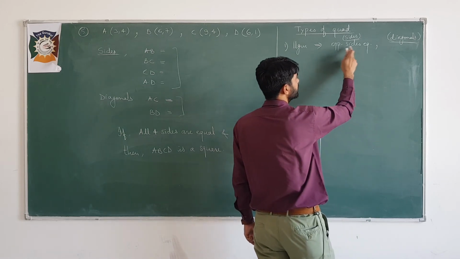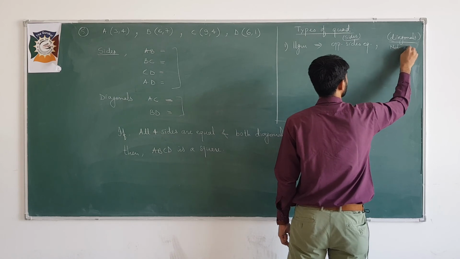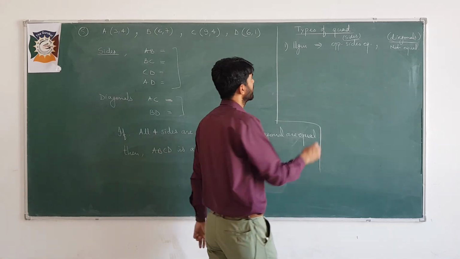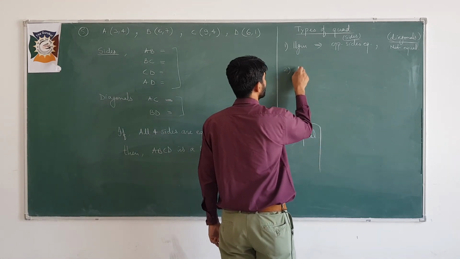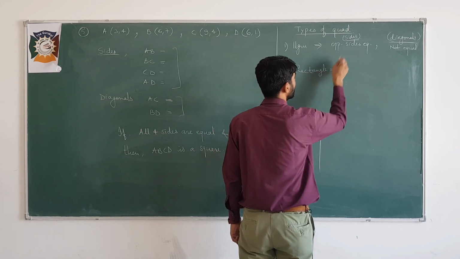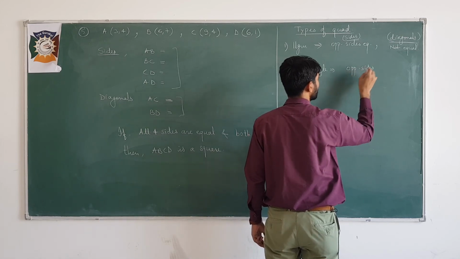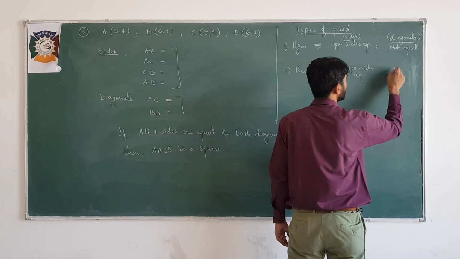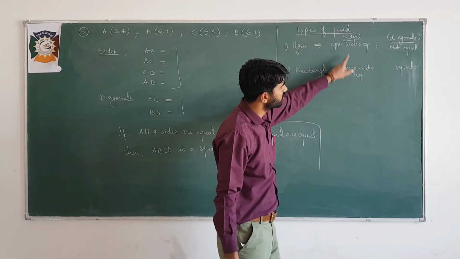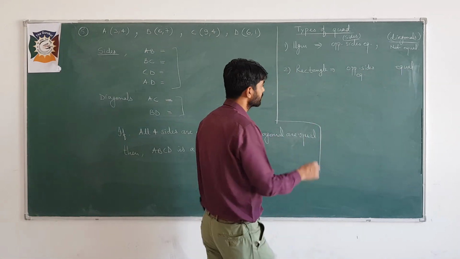Okay, so opposite sides equal and diagonals not equal, then it will be a parallelogram. Then second, rectangle: opposite sides equal and diagonals are also equal. Opposite sides are equal and diagonals are also equal, then it is a rectangle.